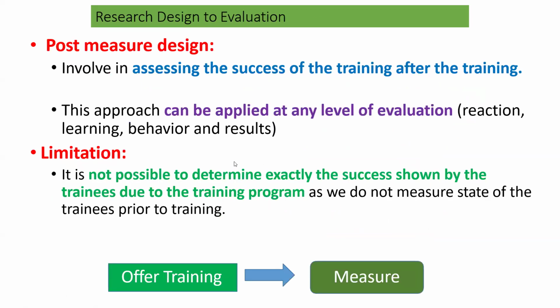Right, the post measure design is given, limitations are given. We just offer the training, and then simply we measure the training. That was explained, and the limitation is clearly given. I think with the meaning, you can simply understand the meaning of limitation.